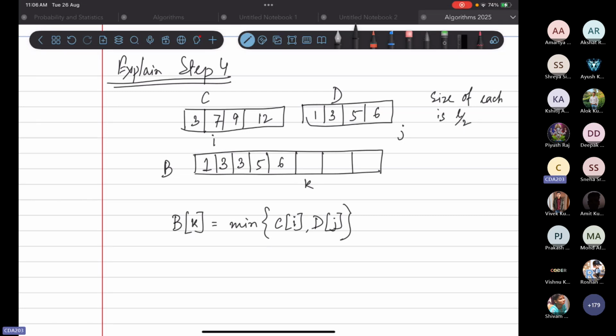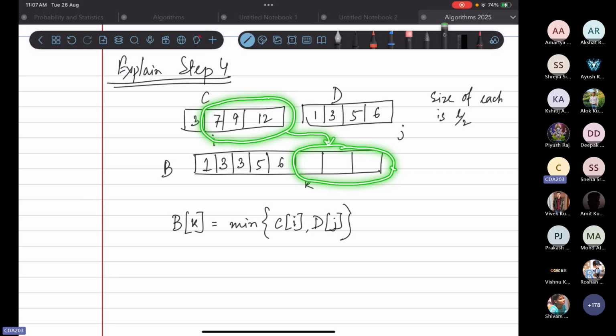At this point, I know for sure what will be the remaining elements of the B array. Can you see? All the elements of D I have put in this B array, so whatever remains of C, this whole thing will get copied in here.